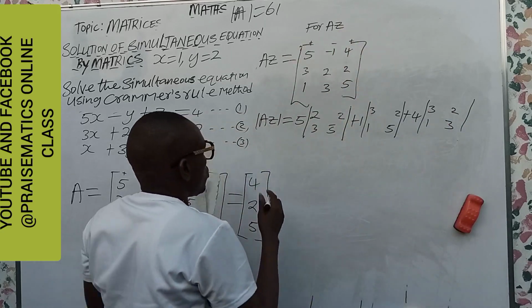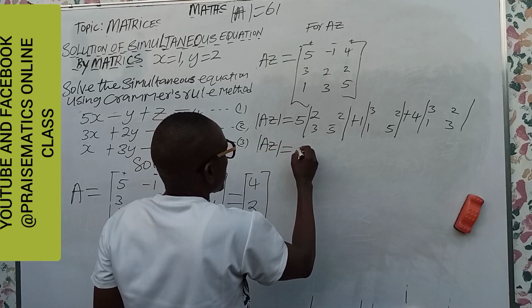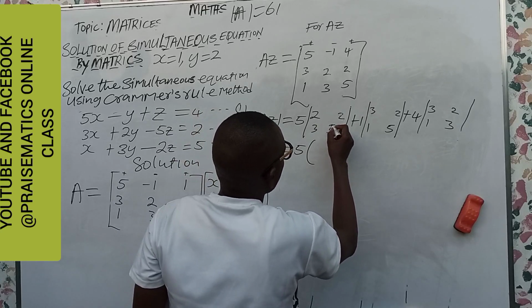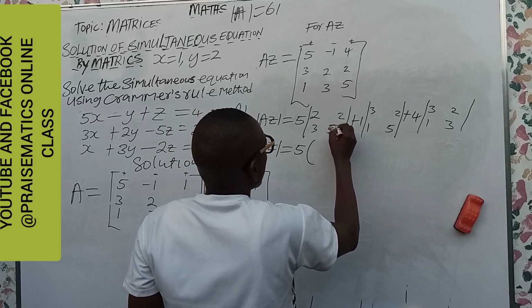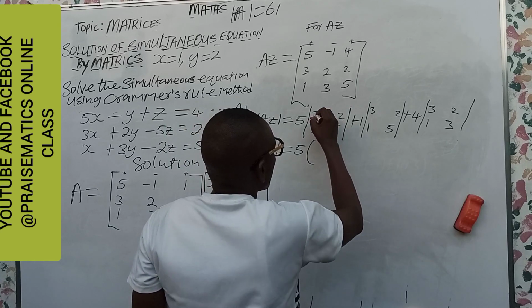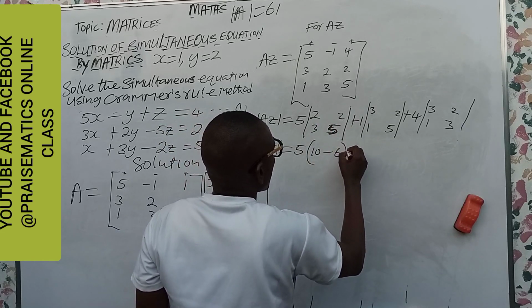So now we find the AZ determinant. AZ determinant is equal to 5 into 2 times 5, which is 10, minus 2 times 3, which is 6. Close it.